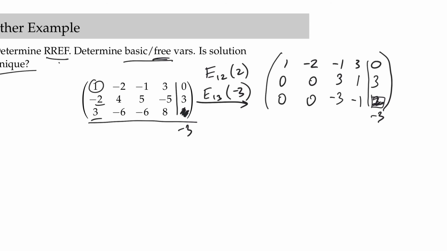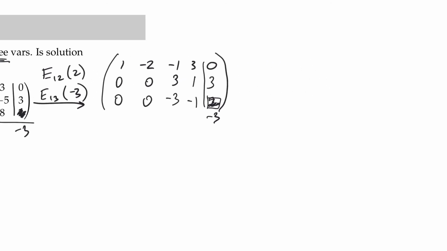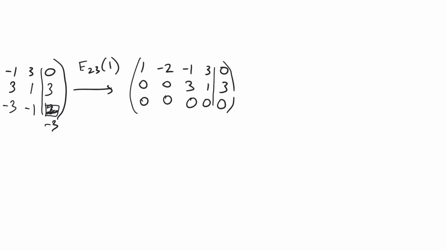All right. Now, in my next step of my magic trick of changing the problem, I'll add rows 2 and 3. So that's E23 of 1. Okay, we have our 0 row here. Our leading entry for this row is there. That needs to be a 1. So we hit this row with a 1/3.